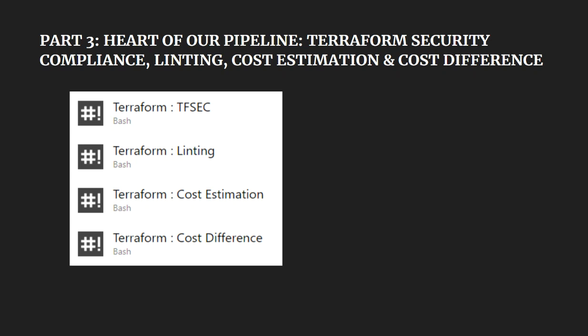Because up to Terraform plan we have checked, but if it's not succeeding in Terraform plan, there is no meaning of applying these checks. Now we are thinking that our code is ready to be executed in the release.